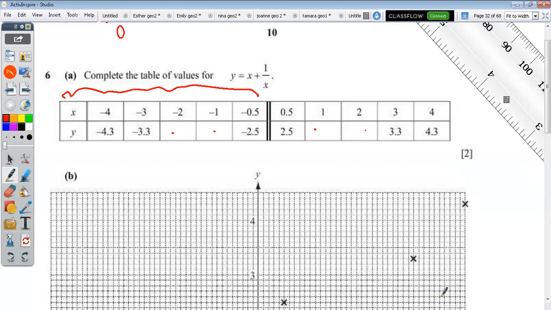Okay. And for -1, it's -2. What is the value here? Negative 2.5. Yes, and the one here, the one. -2. Okay. And when is one? It's 2. Then when is two? It's 2.5.